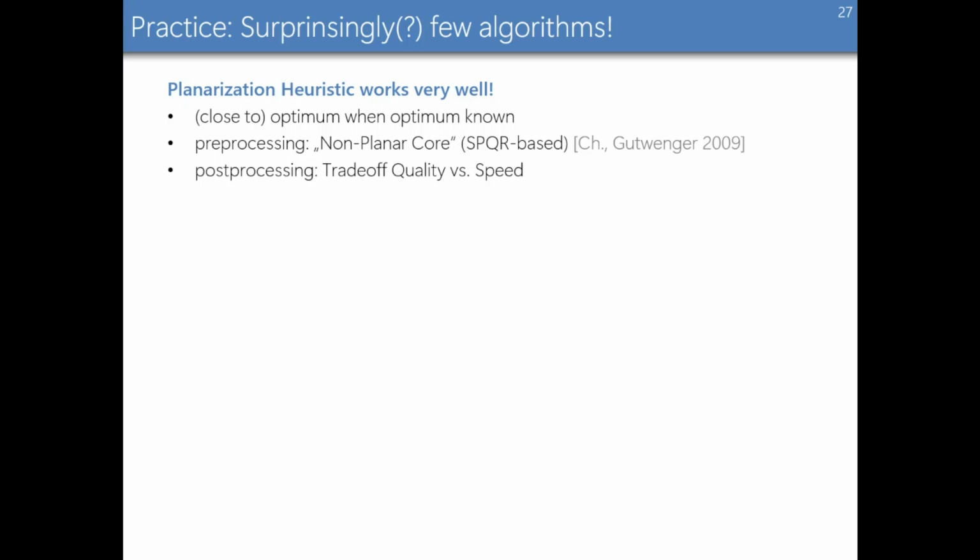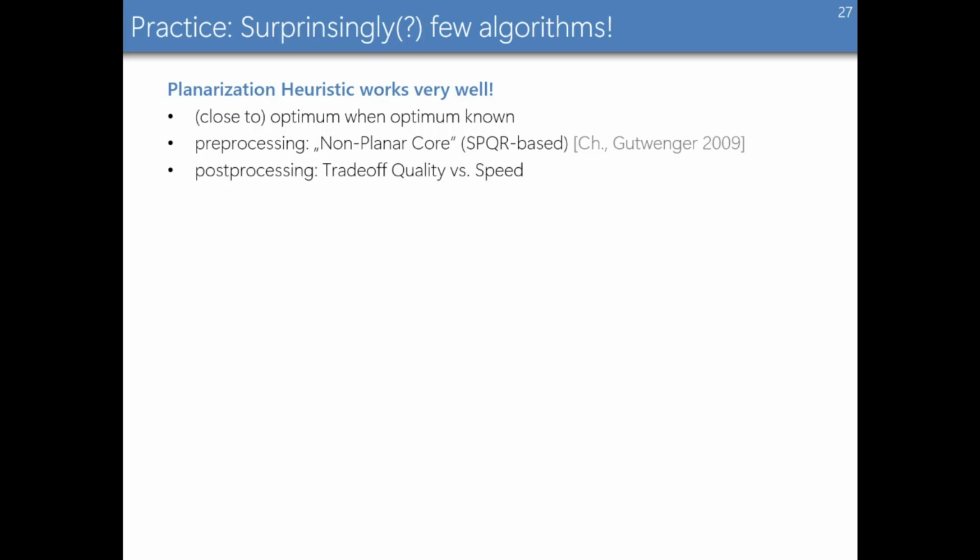Of course, we cannot talk about the others, but it seems reasonable that it should be close there as well. And there are certain things that you need to do to make them very practical. One thing is you need to do some pre-processing. The other thing is you need to do some post-processing. So the machinery of the insertion should only be applied on a graph that was shrunken before, so that all the simple parts are already out of the way.